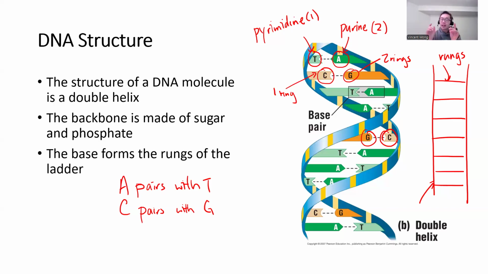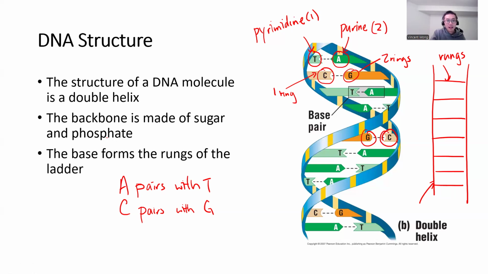And that is important because it maintains the same width along the length of the DNA. It's always going to be three rings across, right? It's not going to be like sometimes four rings and then sometimes three rings, sometimes two rings, right?